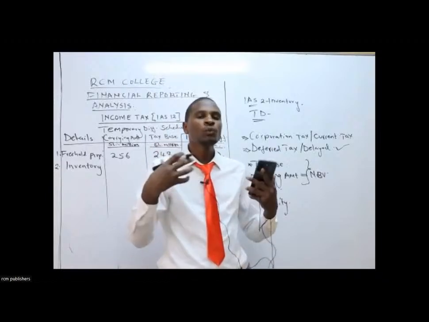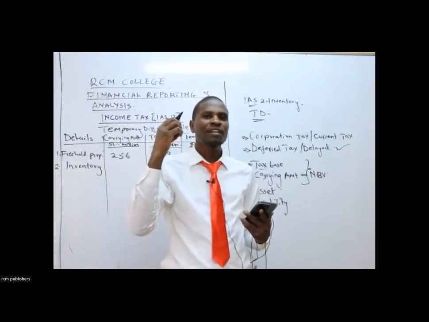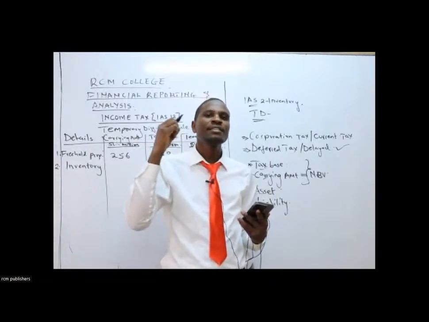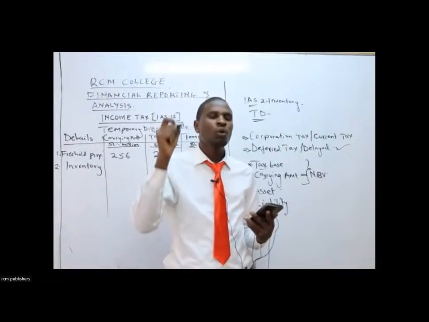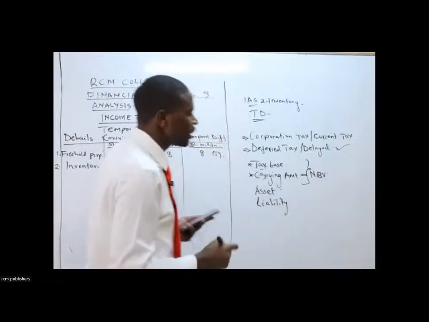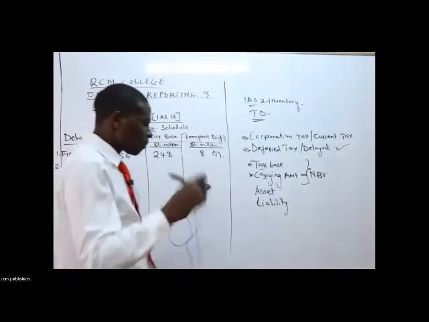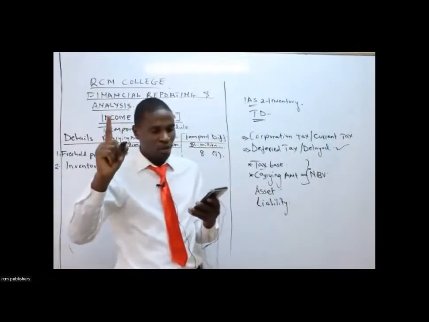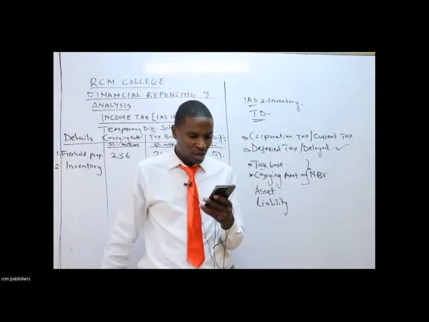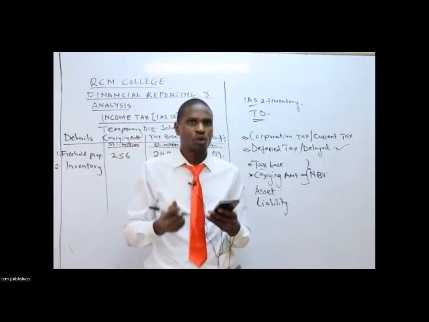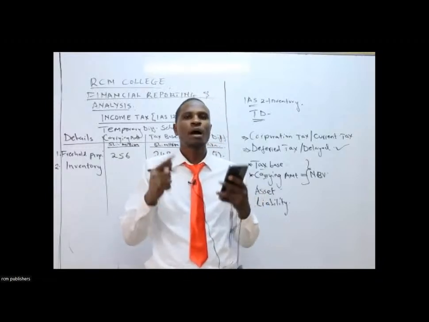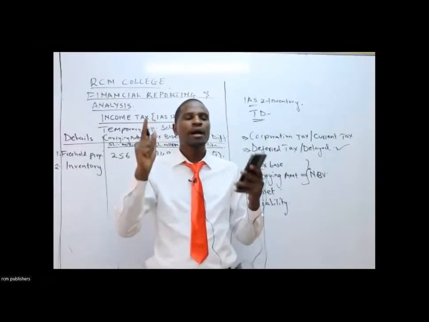In fact, what we record as far as inventory is concerned is net realizable value. So our carrying amount as at this point will be what we have minus the profit they are talking about. So it is 48 million minus this profit of 16. That will be our carrying amount.